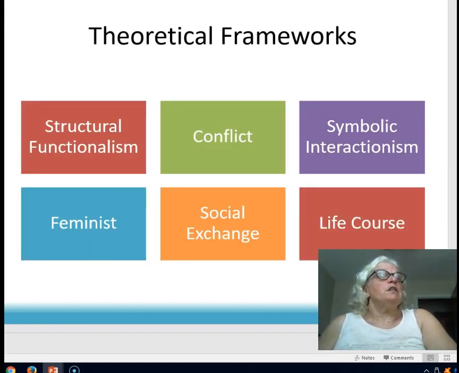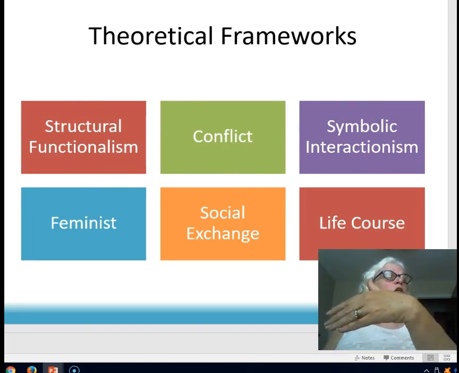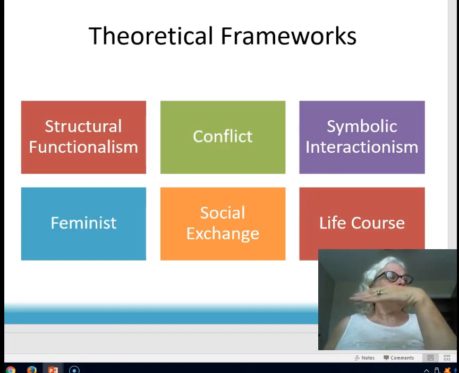Now, theoretical frameworks guide us throughout this course as well. You'll find that the typical sociology theories are functional, structural functional, conflict, and symbolic interaction. Those are pretty driving forces throughout all sociology classes. I've given you some information later on for you to look at those in more detail if you're interested, but in this class, we'll look at those very briefly.